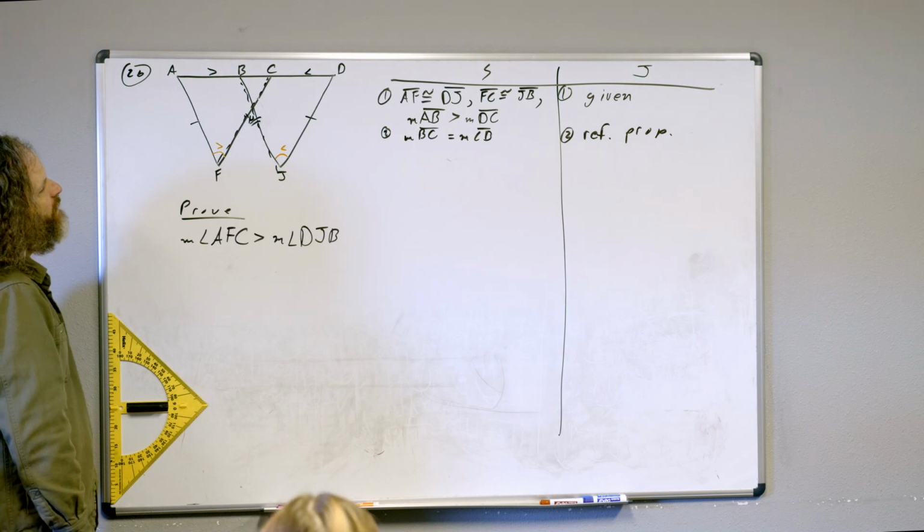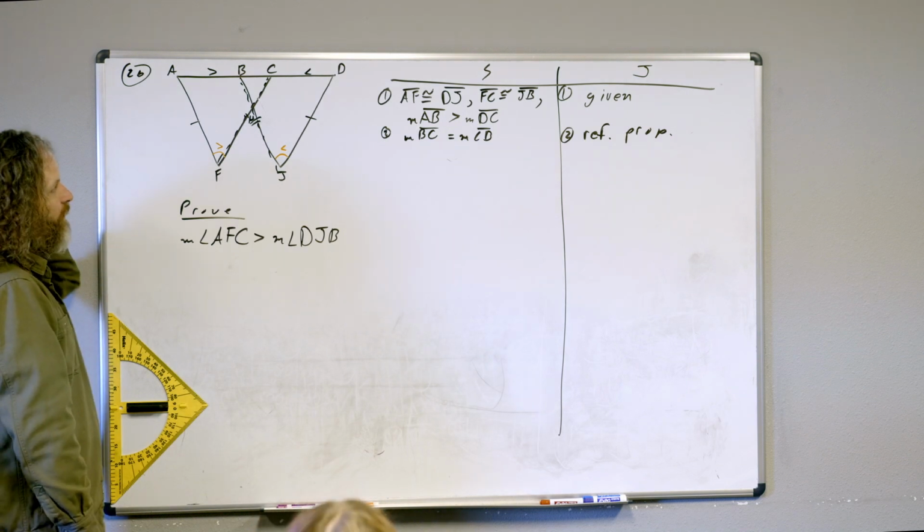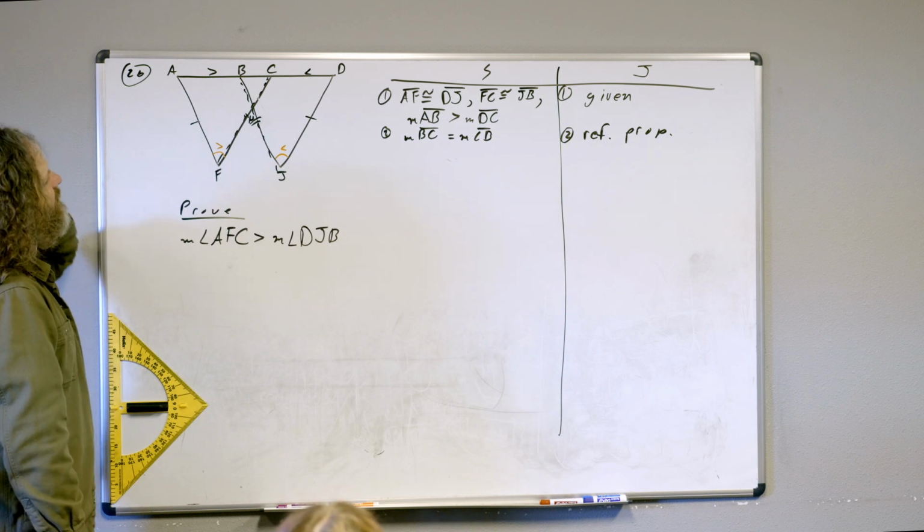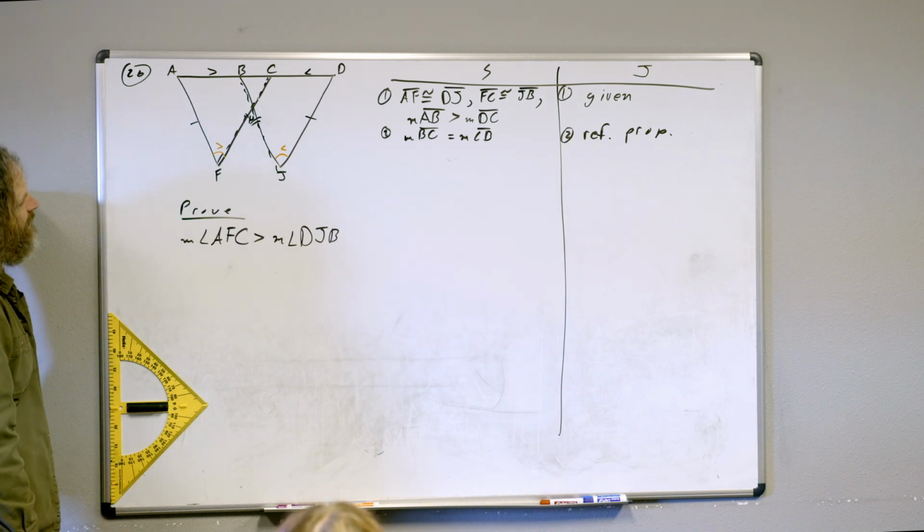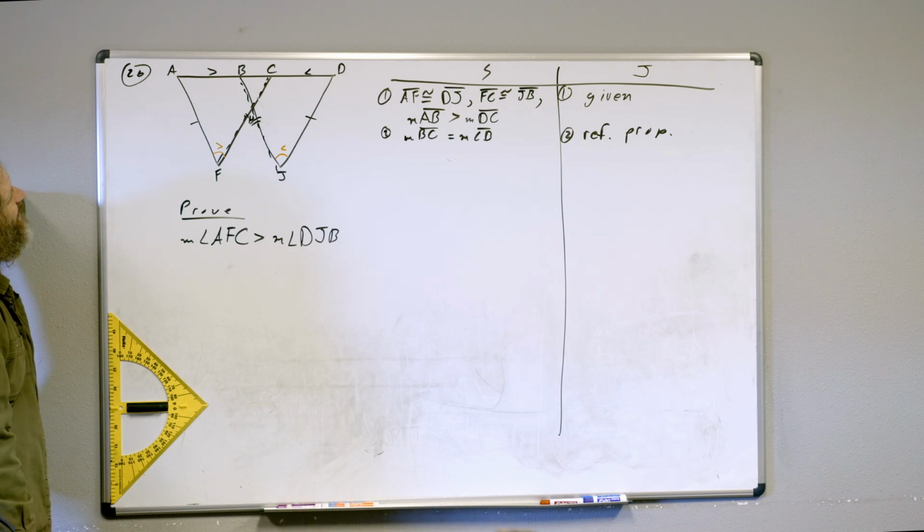We can't just. We need AC is greater than DB. Yeah, that's what we need. Can we use that addition of inequalities property again and skip ten steps? I don't know, man.